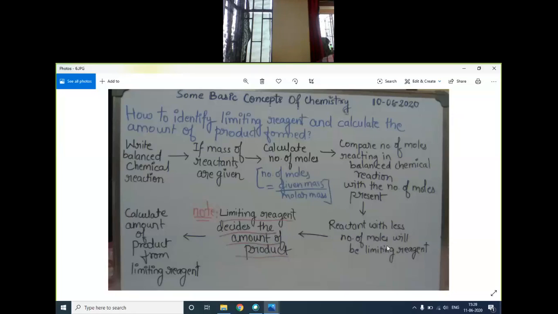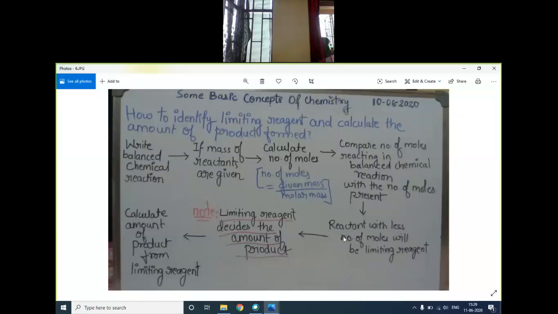Whatever the amount of the other reactant, it will not increase the product. But this limiting reagent puts a limit on the amount of product. So after comparing the number of moles in the balanced chemical equation with the number of moles we calculate, we find which reactant has fewer moles. That reactant becomes the limiting reagent.